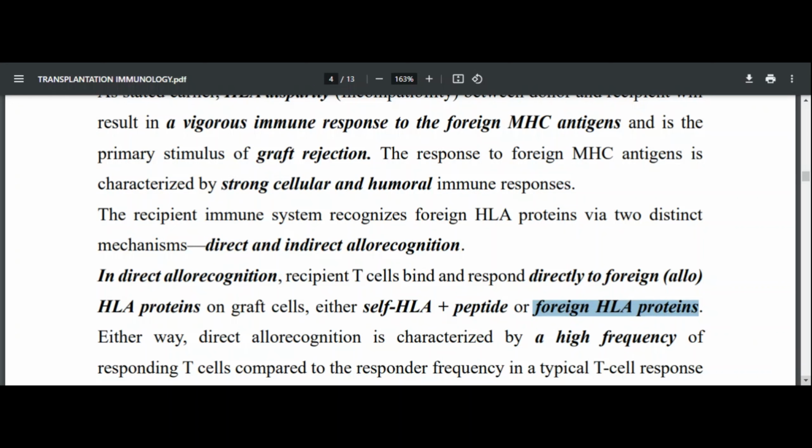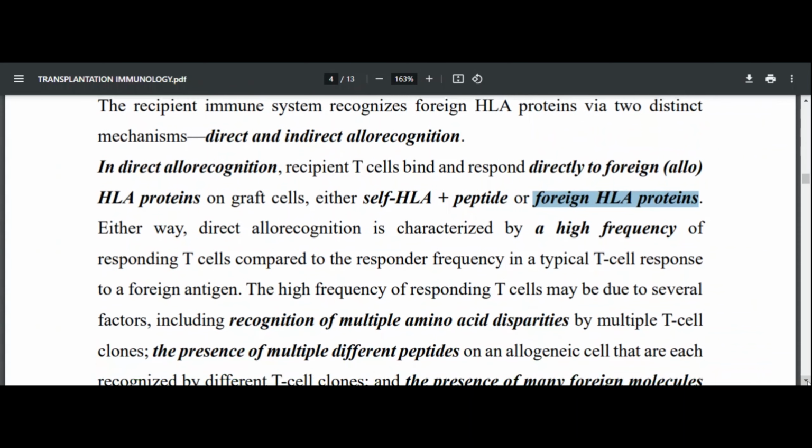So in either way, direct recognition is characterized by a high frequency of responding lymphocytes compared to the responder frequency in a typical T cell response to a foreign antigen. That is the bottom line of our mechanism here.